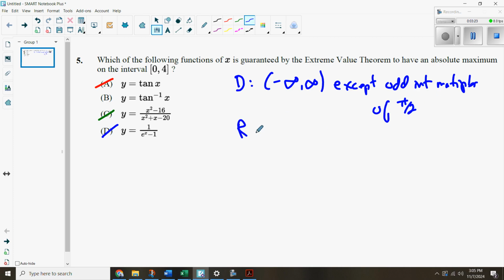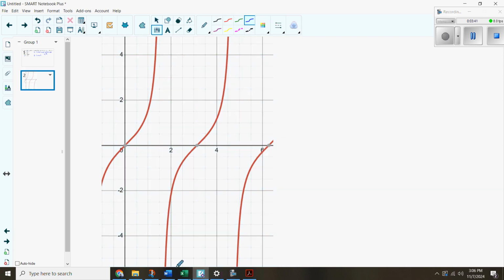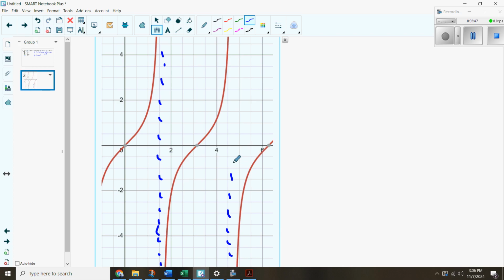And we know that the range of the tangent function is negative infinity to infinity. Here's a little snip of the tangent function, and as you can see, there are these vertical asymptotes that are happening. For example, right about here, and somewhere right about here. So clearly not continuous.